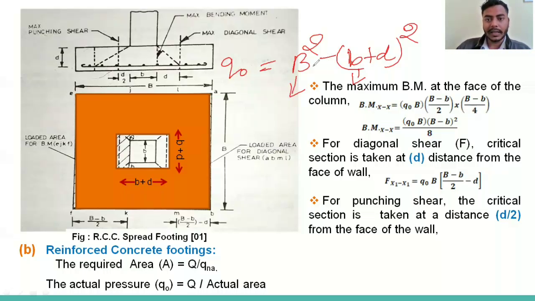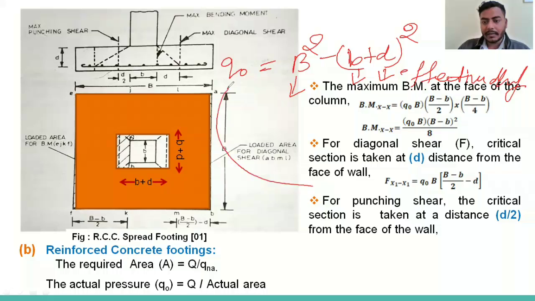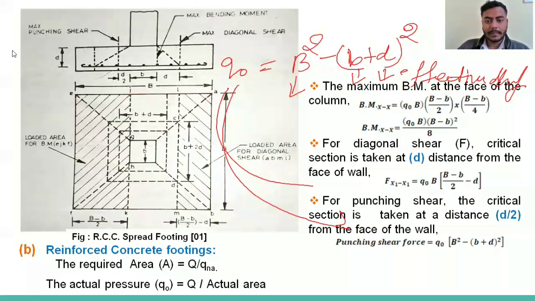You cannot write capital B or small b interchangeably; you cannot change them. And d is the effective depth. That same thing I have written here. You will see, same thing I've written here.